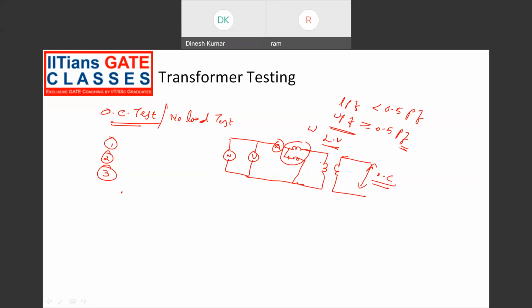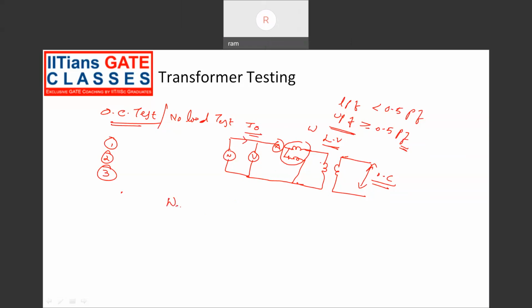Under no load condition, the current drawn by the transformer primary winding is called the no load current I naught. The ammeter reads I naught and the wattmeter measures the no load losses, which can be given as supply voltage into no load current into cos theta naught, the no load power factor.